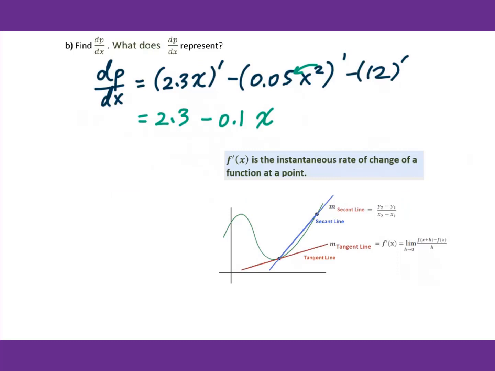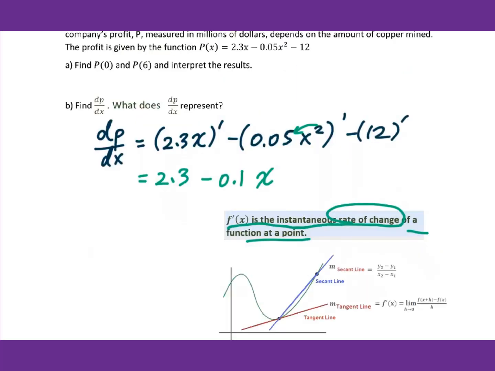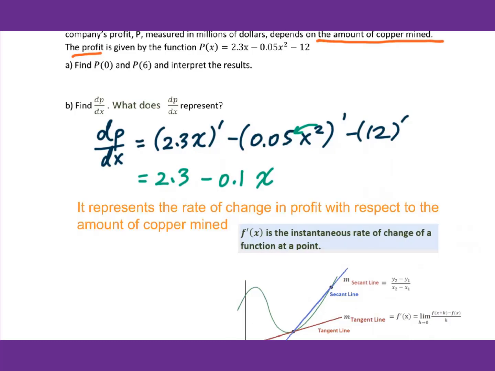According to the definition, the first derivative is the instantaneous rate of change of a function at a point. Therefore, dP by dx is the rate of change of the profit with respect to the amount of copper mined. Let's say the meaning of the first derivative again. It represents the rate of change in profit with respect to the amount of copper mined.